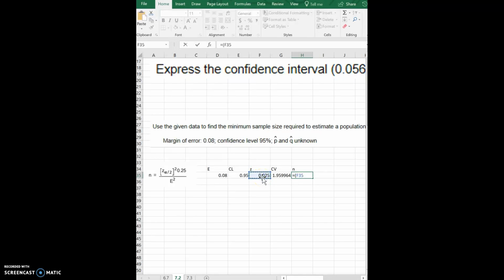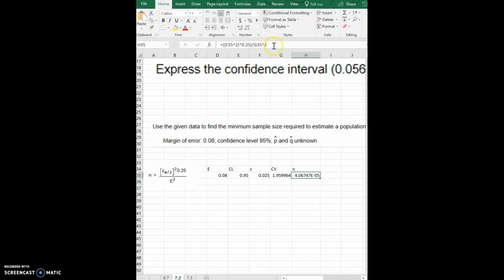You're going to do z squared times, and I'm going to put this in parentheses because I am the parentheses guru. So we're going to have lots of parentheses. 0.25, and I use the 0.25 because that's what it says to multiply by in my formula. Then I'm going to divide by my error, which is e, and I'm going to square it.